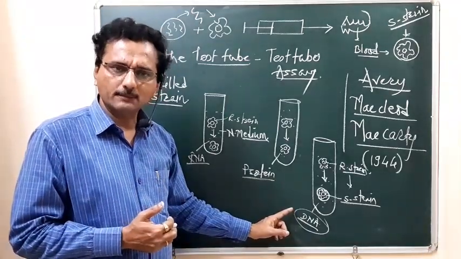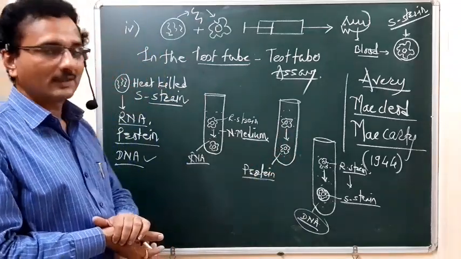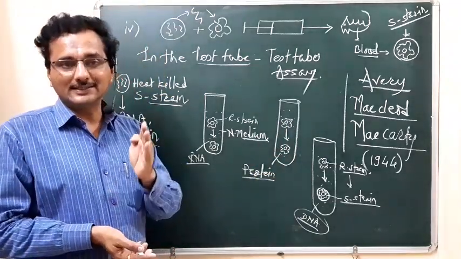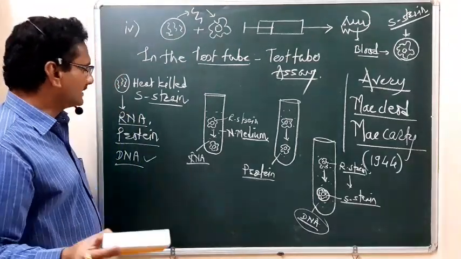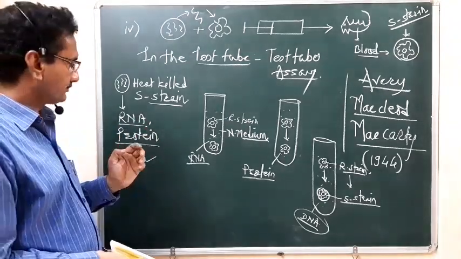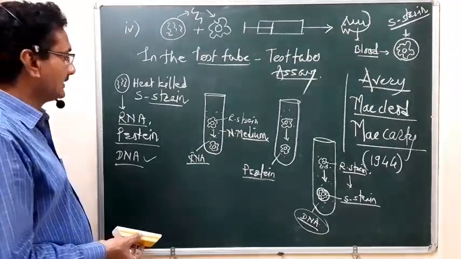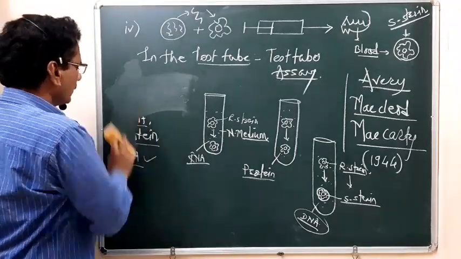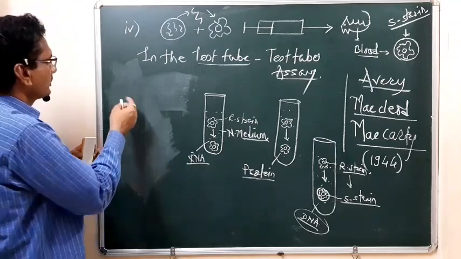For that, this group of three scientists used three enzymes. See what type of enzymes they used for proving that DNA is the transforming principle. They used three different types of enzymes.